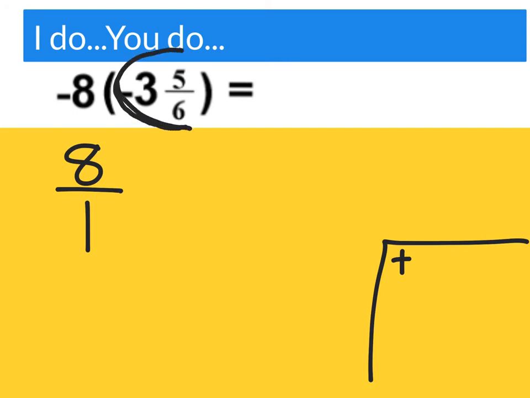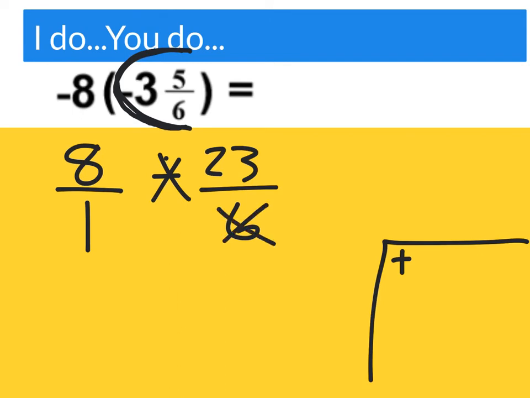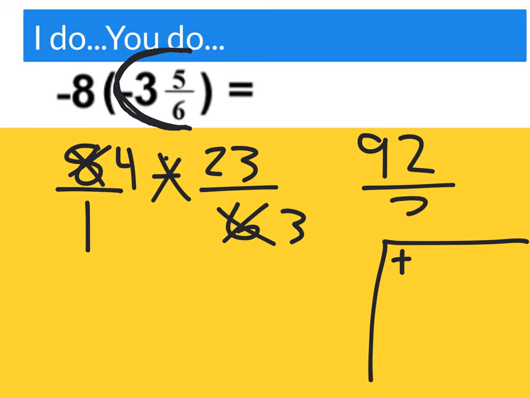So that'd be 18 plus 5 is 23/6. So it's multiplied by 23/6. Then I'm ready to cross simplify since it's multiplication. 2 goes in here 3 times, and 2 goes in here 4 times. And so now I have my multiplication problem of 4 times 23, which is 92, over 3.